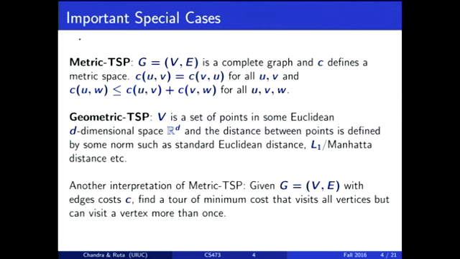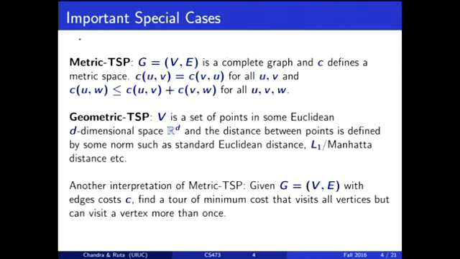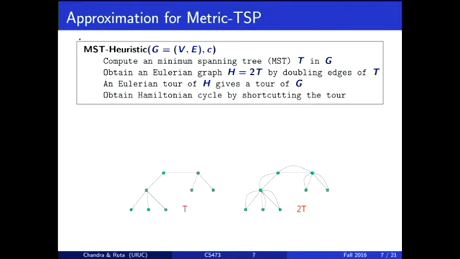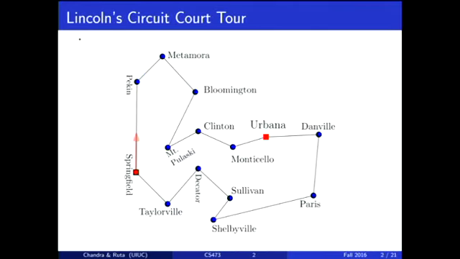Another interpretation of metric TSP, which is actually more important to understand, is the following. Take, for example, the original problem. Why do we want a Hamiltonian cycle? We don't necessarily want a Hamiltonian cycle.